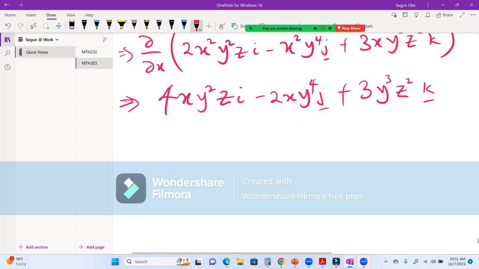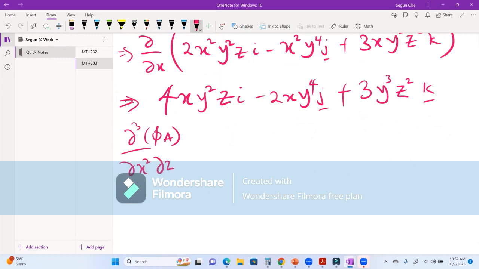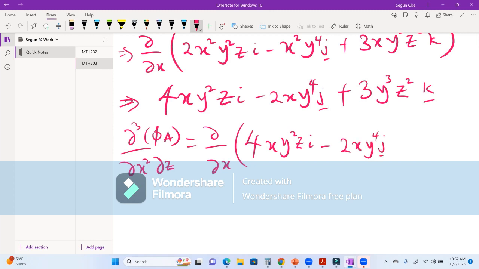He said d cubed of phi a is the same thing as d squared dz equals d dz of the dx of what we have here. So what do we have?